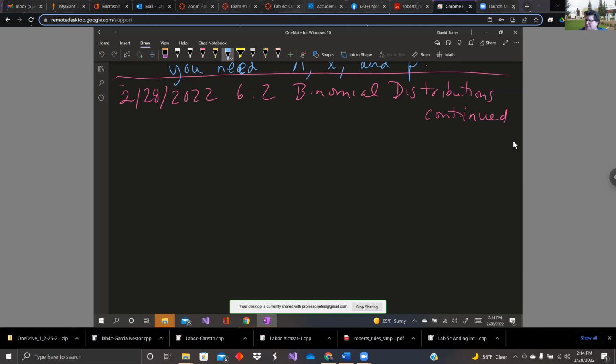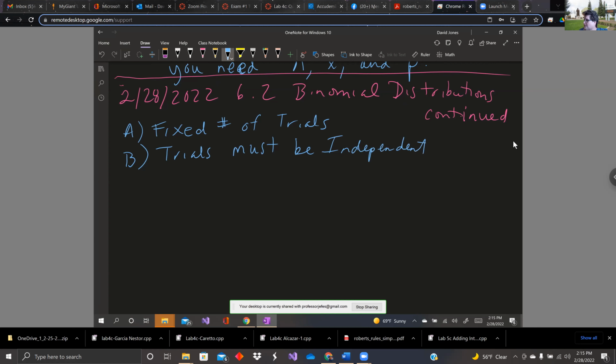So to see if something is binomial, we need it to have a fixed number of trials. And the trials need to be independent. Trials must be independent. I used to do these in a different order, but I think talking about the two where they're trial-based is worth putting together.